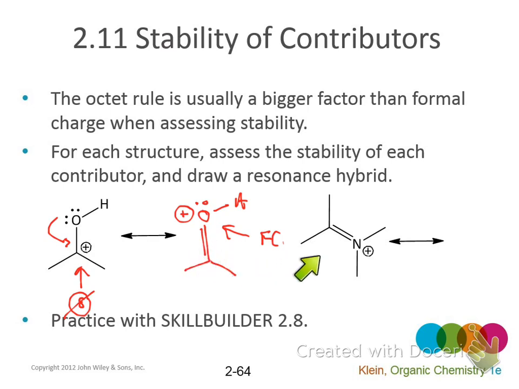What about here? If you're going to draw a resonance structure here, which way would you move the electrons? Pi bond on the nitrogen or lone pair? I said lone pair, but I meant the pi bond onto the nitrogen.